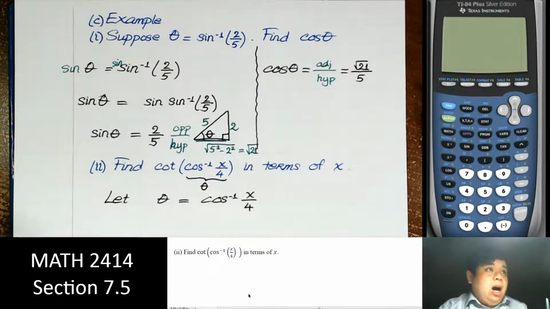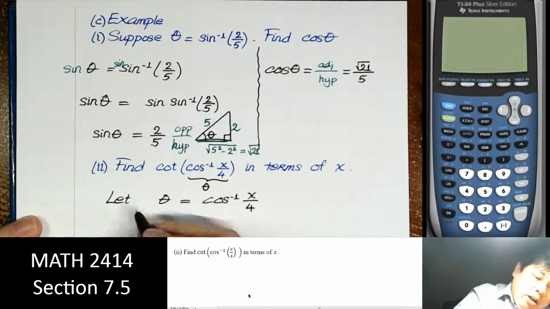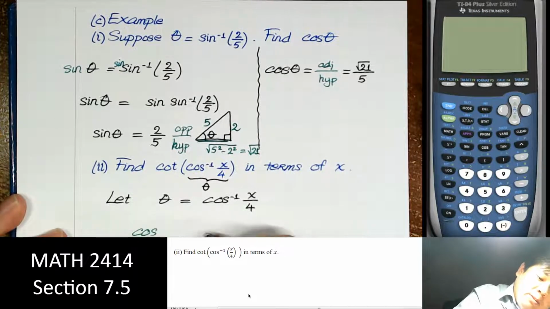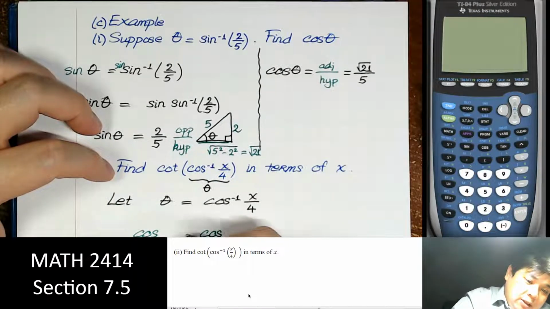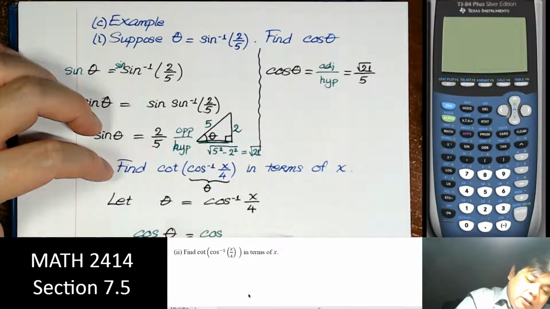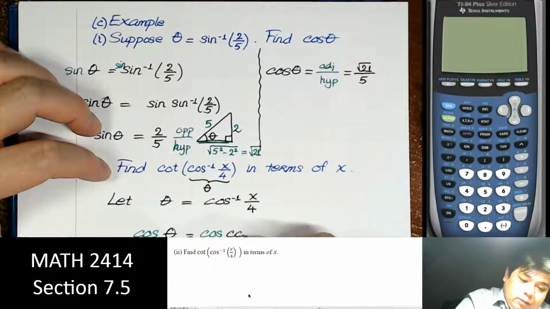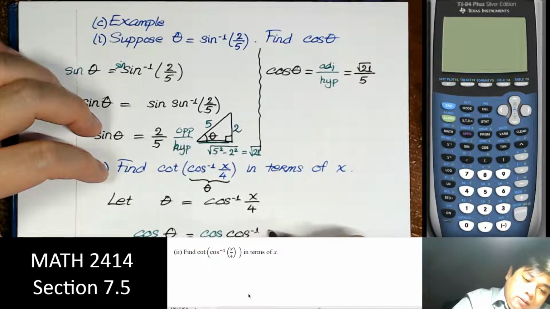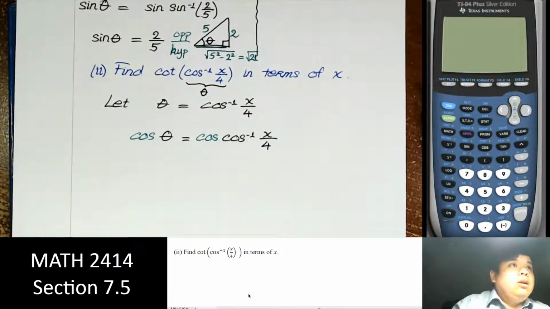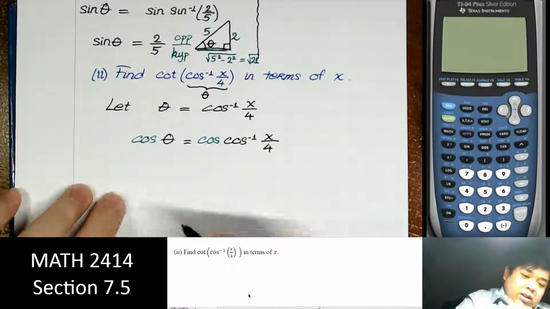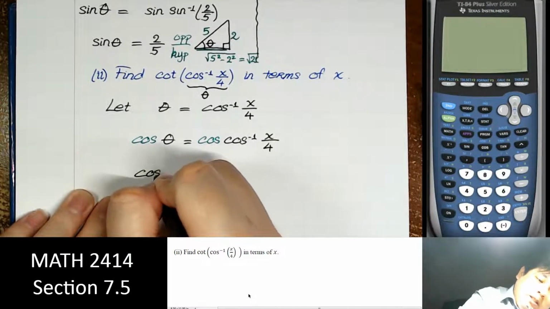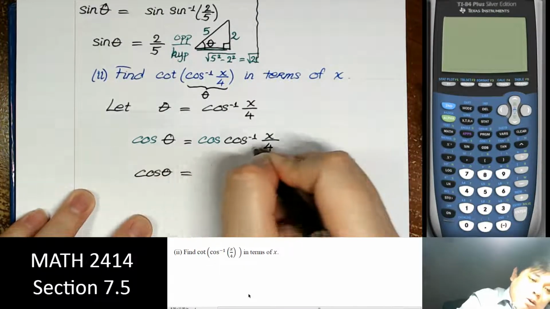Next, we're going to apply the cosine on both sides. Cosine and cosine inverse cancel out. We have cosine of theta equal to x over 4.